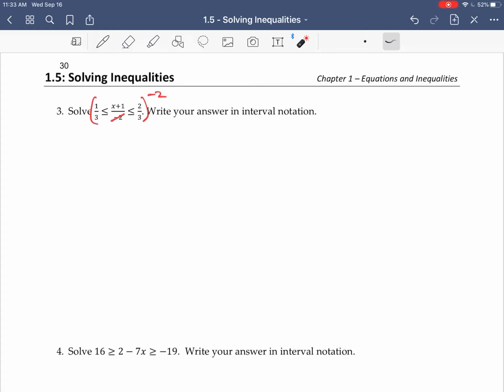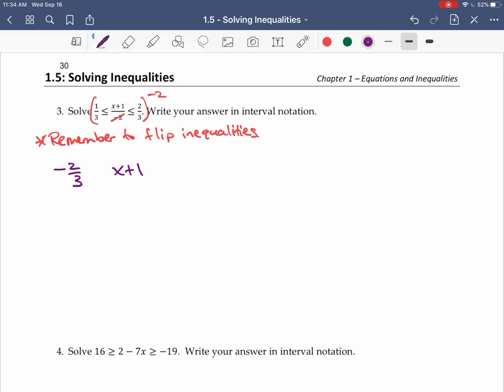Now when I multiply by a negative, remember to flip the inequalities. We're going to have to flip all of them, so I have to flip both. So I'm going to have -2/3, then x plus 1, and then -4/3 when I multiply by 2.